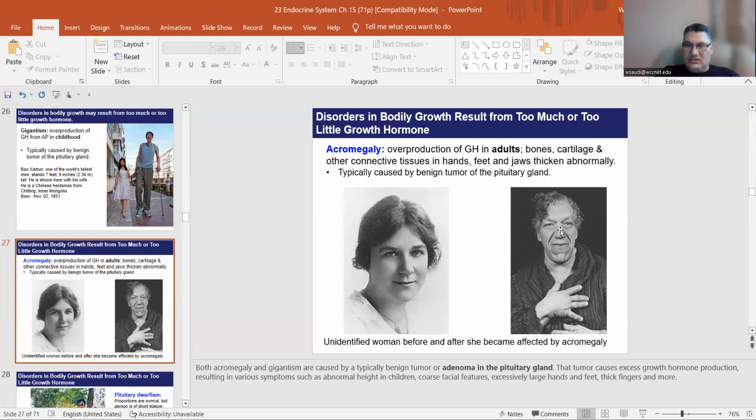Look at the nose growing. Look at the mandible. Compare the mandible to the mandible. And even the fingers are not showing here, but look how the fingers are getting bigger. So all these parts are called the acros. Forehead, the cheekbones, the mandible, the nose, the fingers, are called acros.